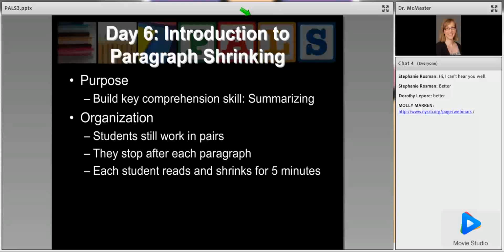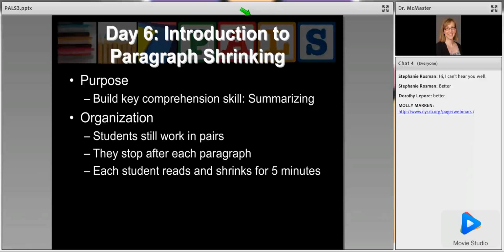The organization of this activity is the same as before, so students are still in pairs, and in fact, they've just completed their other activities. So they always do partner reading first for about 10 minutes, 5 minutes per student. Then they do the 2-minute retell with the second reader retelling, and then they just continue on. So we go on to paragraph shrinking.